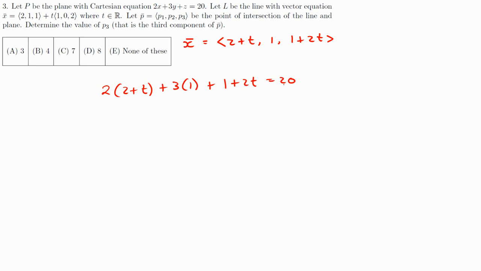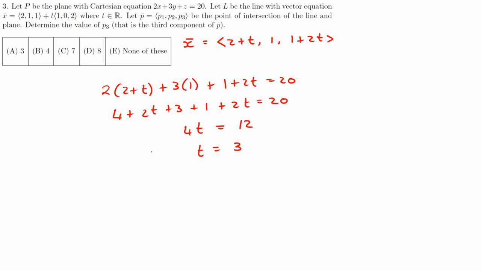So at this t value, the two will intersect. So 4 plus 2t plus 3 plus 1 plus 2t is just equal to 20. So 4t is equal to 12. Yes. So the t will be equal to 3.